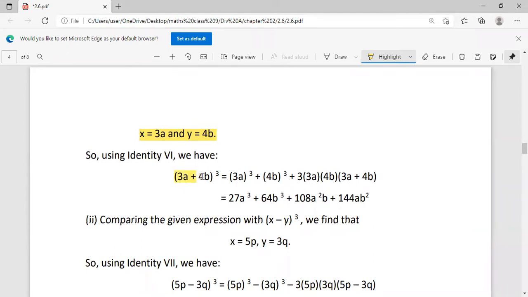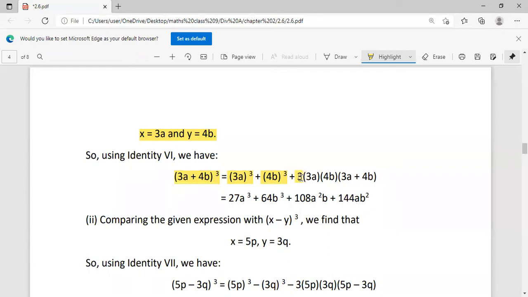See, 3a plus 4b whole cube is equal to, our identity was x cube. So we are writing it as 3a the whole cube plus 4b the whole cube plus the remaining term 3xy into x plus y.